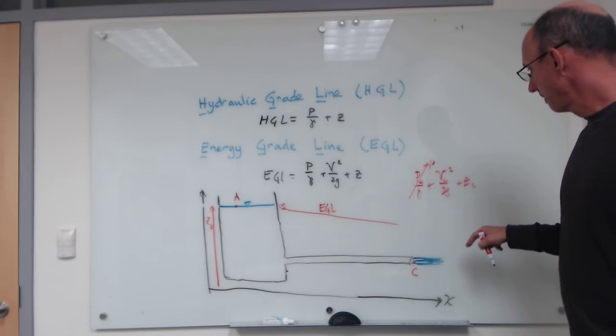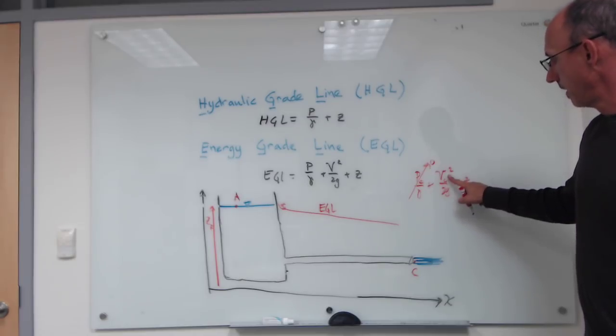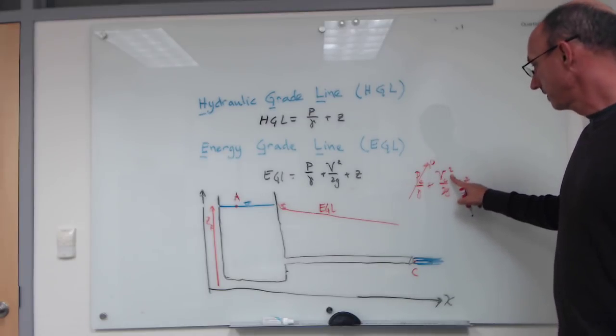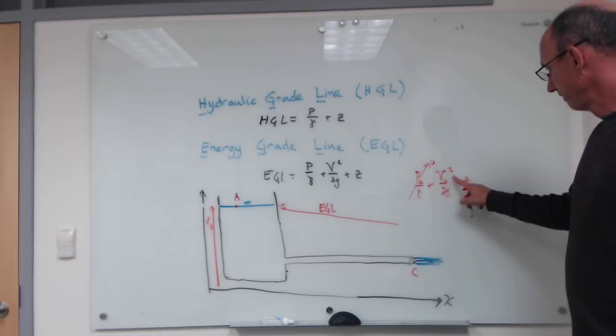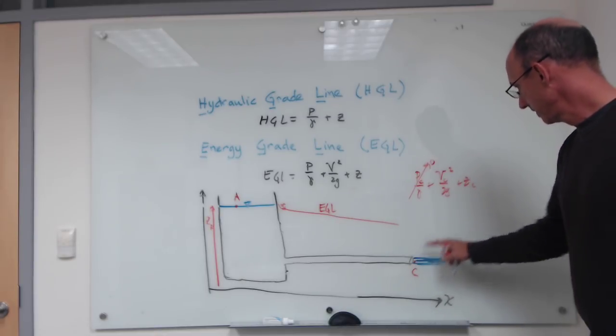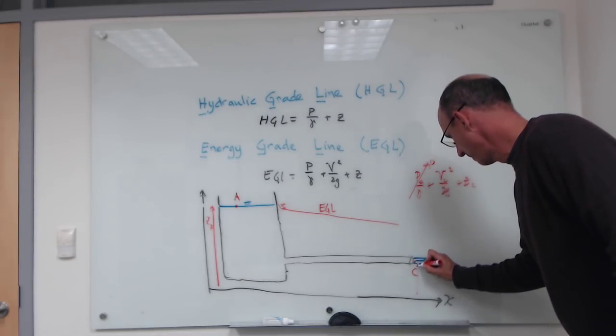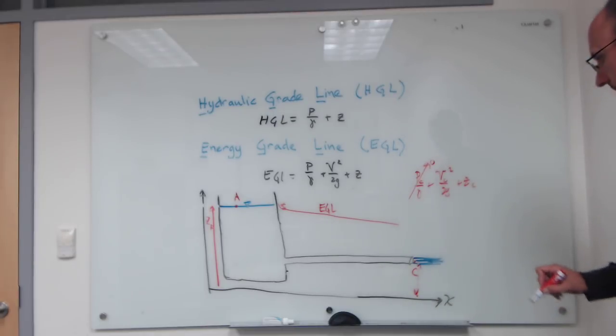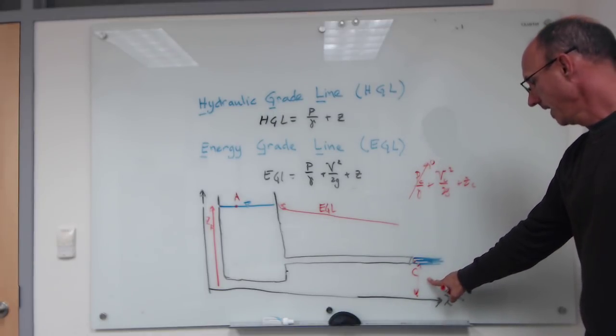There is some velocity still in that jet, so that doesn't go away. And then the height here is ZC, and that's represented by that height.